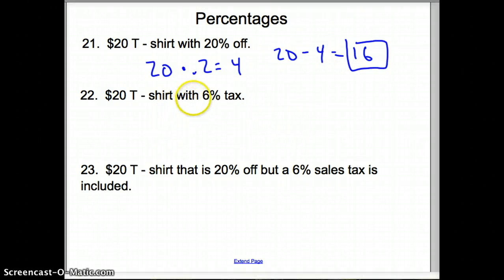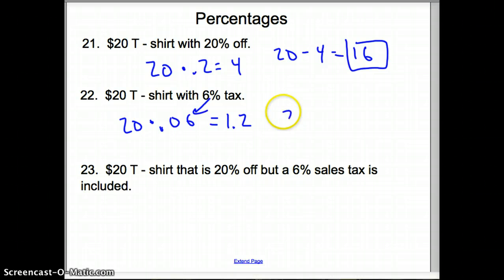Next, the $20 t-shirt with 6% tax. What do we have to do here? Well, we have to take 20 times, now it's 0.06 for 6%. 6% turns into 0.06 as a decimal. Using our handy dandy calculator, we know that 6% of 20 is 1.2. Now it's a tax, so what do you do with the tax?